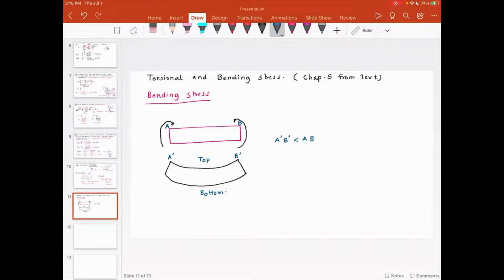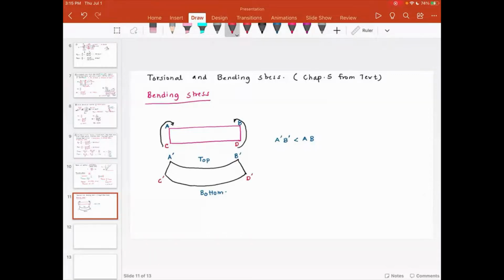So in other words, the fibers on the top of the beam shrink. Now look at the bottom of the beam, which is C, D, and C dash, D dash.